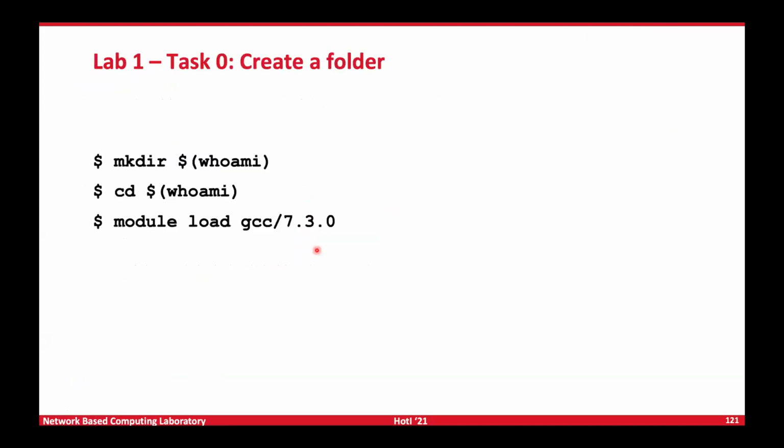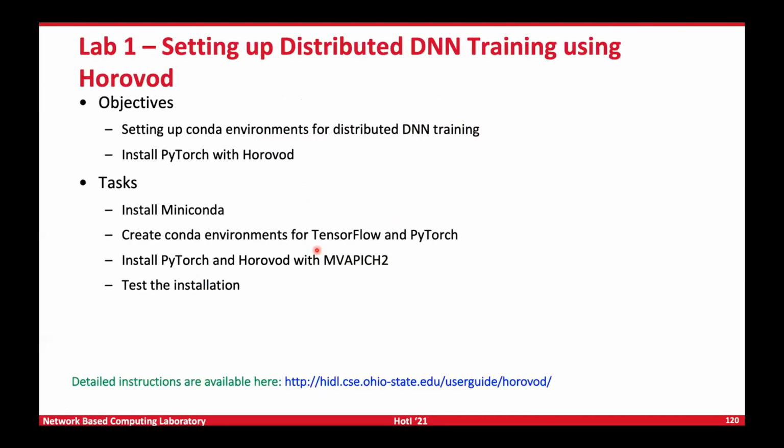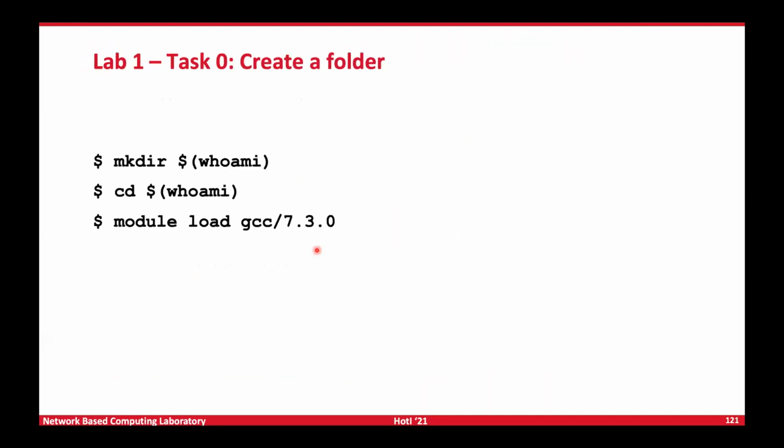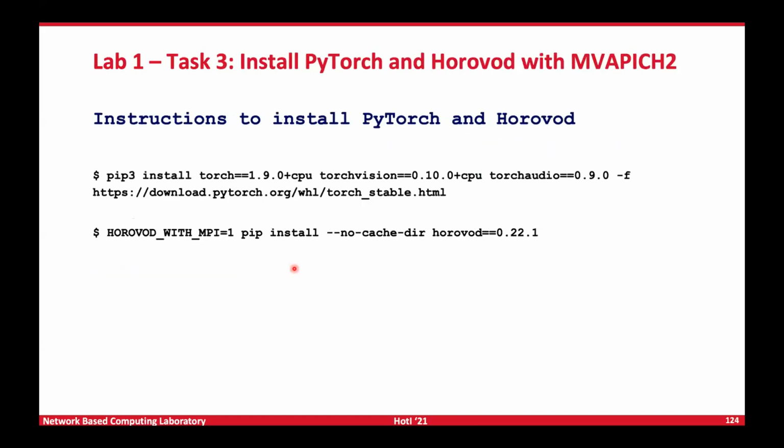We have detailed steps in the README file also. You can find the README file in the lab1 directory, and once you open it, it has all the commands you need to install and create the environment. This is an optional lab. We are not going to use lab 1 in the subsequent labs, so don't worry about it if you're not doing it.